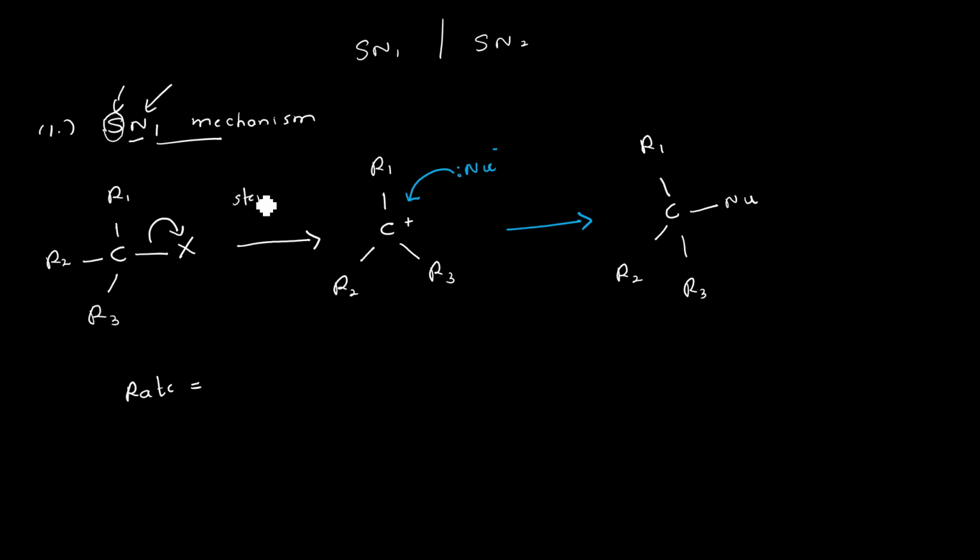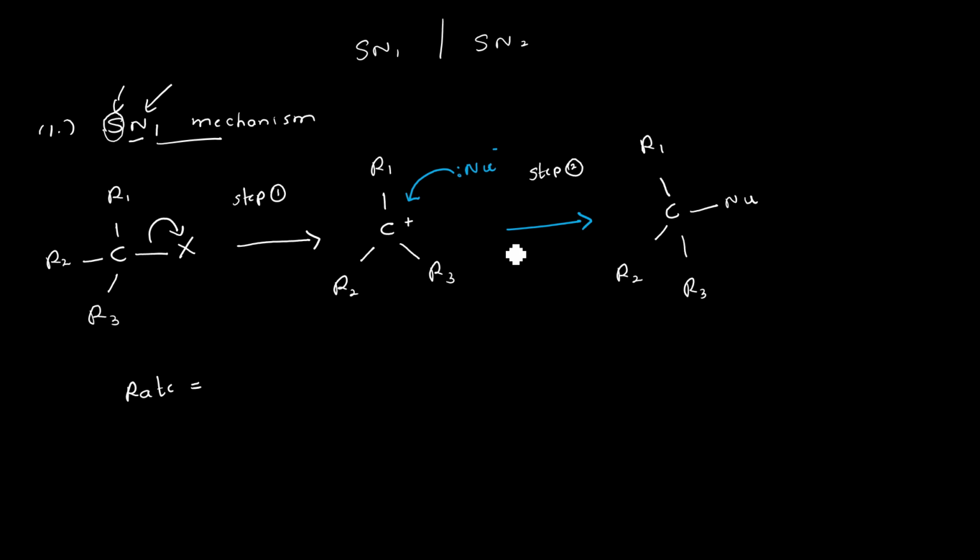This is step number 1 and this is step number 2. How can we identify them? In general organic chemistry you will be given the rate determining step, but either way you need to be aware of how to determine it.